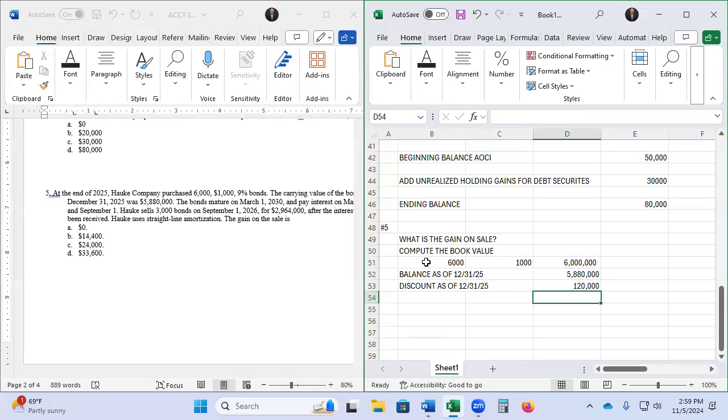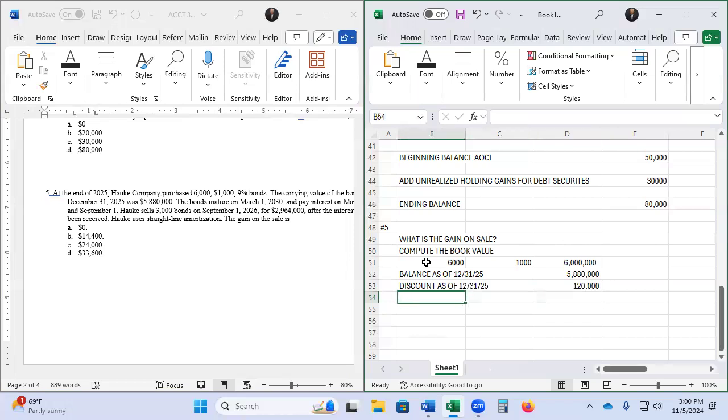Okay, and on December 31st, 2025, or January 1, 2026, it looks like we have 50 months remaining. So that's the 4 years, 2026, 2027, 28, 29, and then the first 2 months of 30.